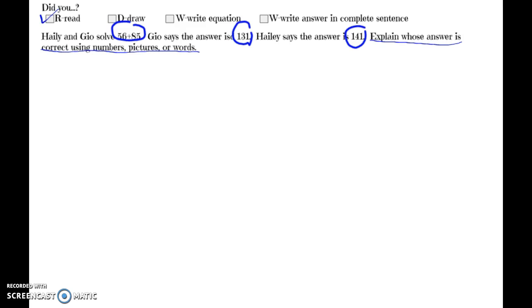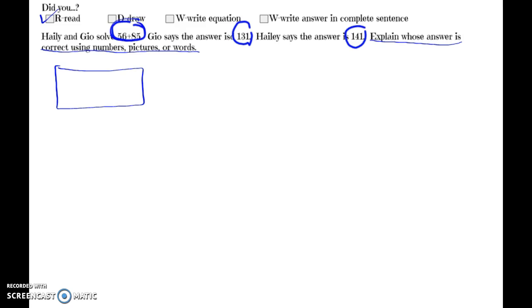I have gone through, read my problem, and found my numbers and important details. Next, I'm ready to draw. To help me get a better understanding of the problem, I'm going to use a tape diagram to determine what I know about the problem. So, when looking at my problem, I see that I have two parts.